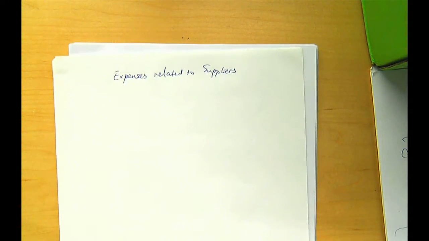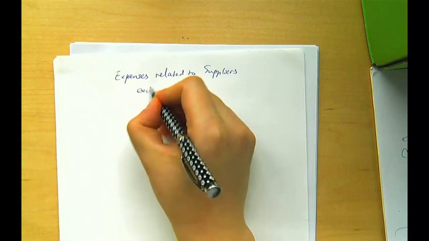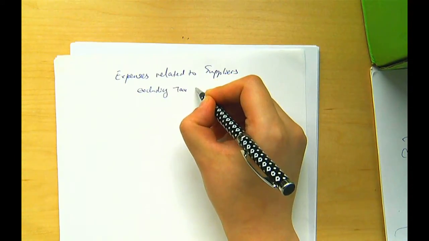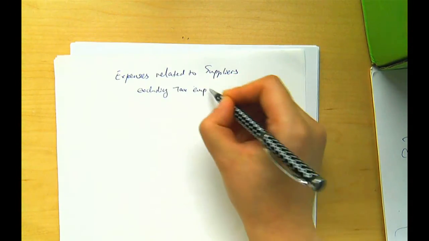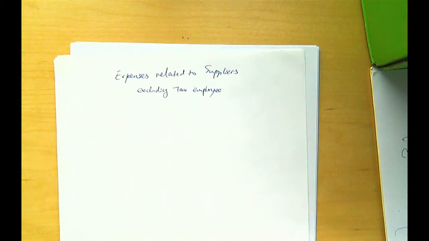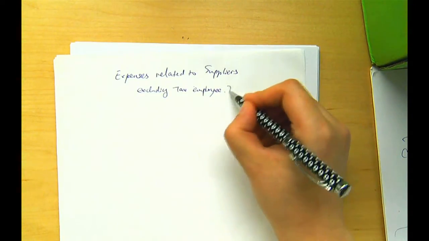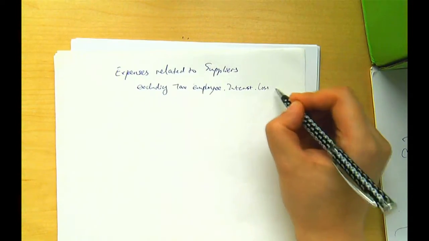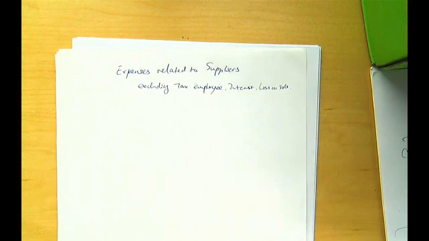Expenses related to suppliers, and we understand this is excluding tax, employee payment, salaries or interest, and also loss on sale, because that's not related to suppliers.